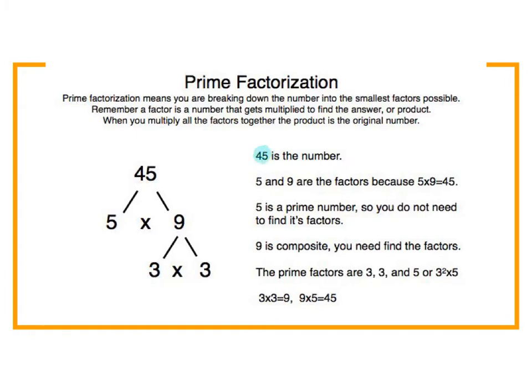45 is our composite number. When we break down 45, we can break it down into 5 times 9. 5 is a prime number, so we can circle it. 9 is a composite number, so again we have to break it down.